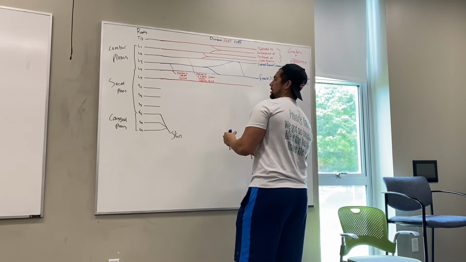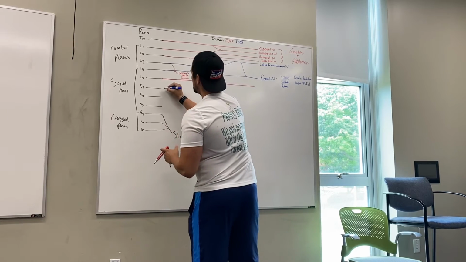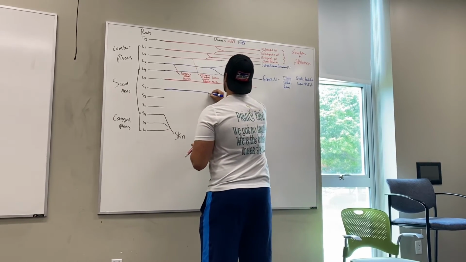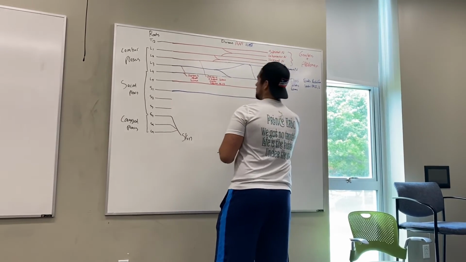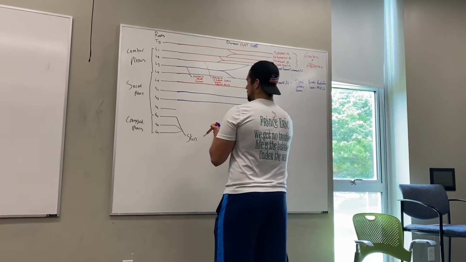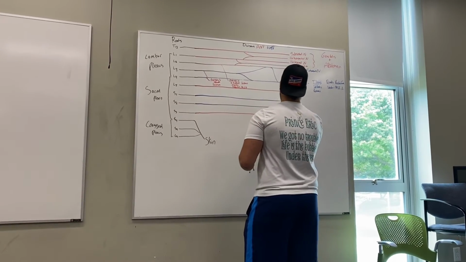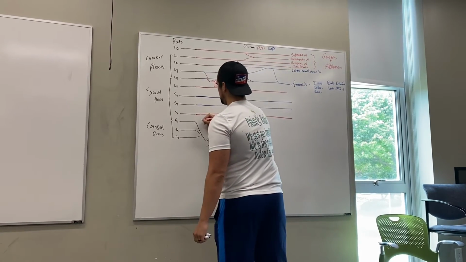Now going into the sacral, we have a posterior division from S1, posterior division from S2, anterior division from S3, and a branch off of S4.